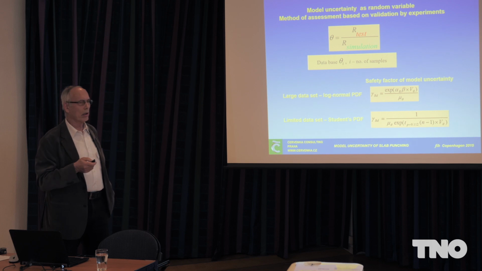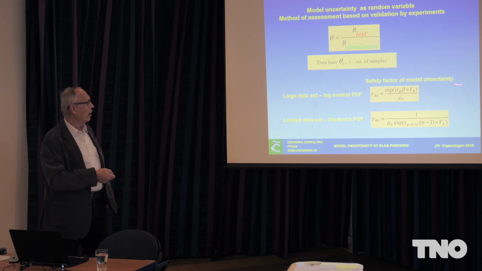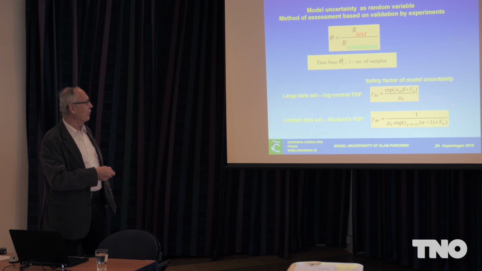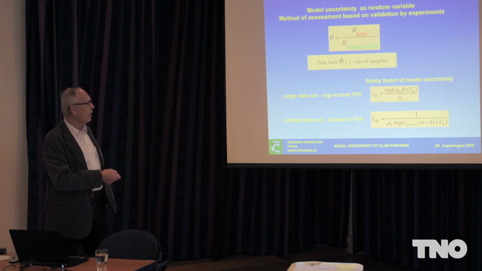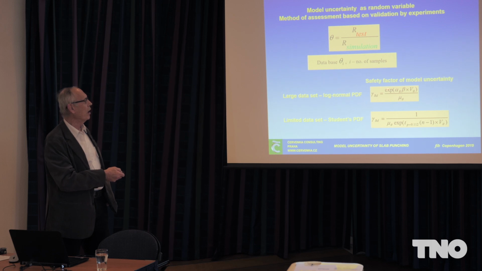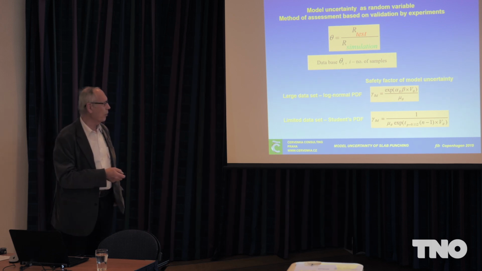You can choose anything which fits best to the results. And we sometimes should consider if we have a large database or small. In this case, we assume log normal distribution, and it is based on the mean uncertainty from this database and coefficient of variability and some application of some coefficients.